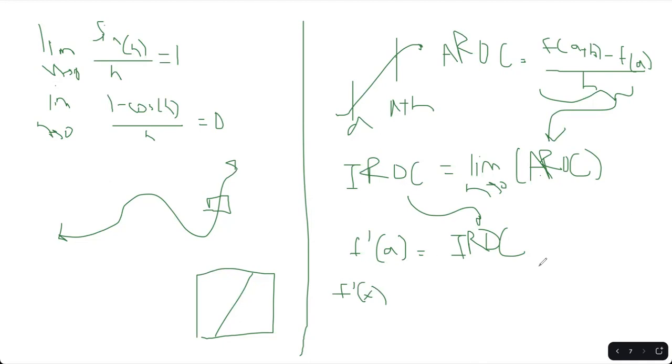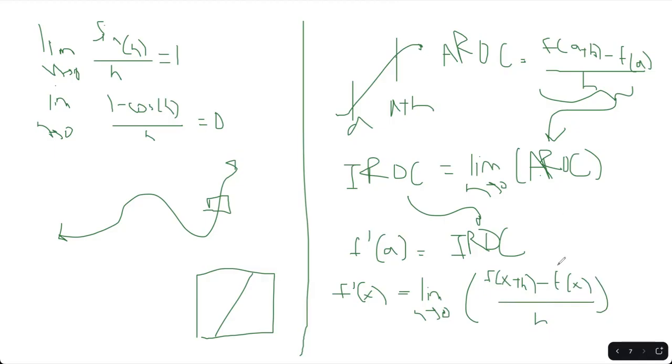Let's say you want to find the rate of change at both x equals 1 and x equals 3. Better to find the slope function or derivative and then plug in both 1 and 3 later. So this is going to look slightly different. It's going to be limit as h approaches 0 of the same thing, except we replace a with x. So it's going to be f of x plus h minus f of x over h.